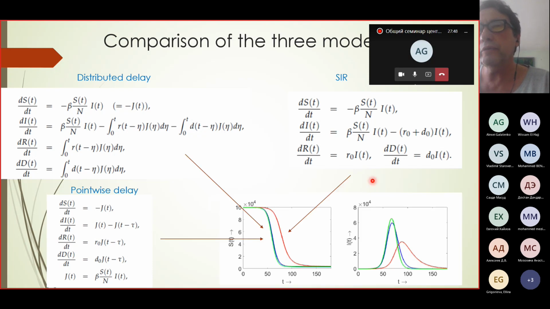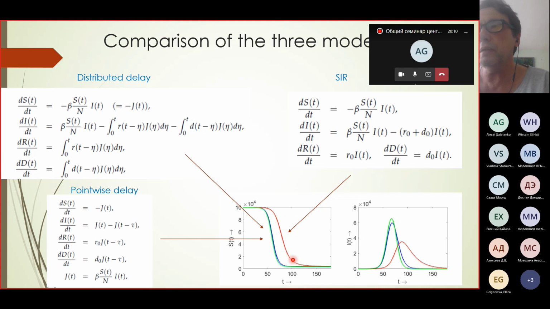The comparison is shown here. The blue and green lines are so close that I don't remember which is which, but these two lines are the distributed delay and pointwise delay models. They give very close results.